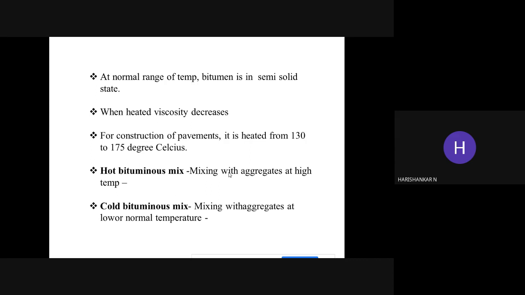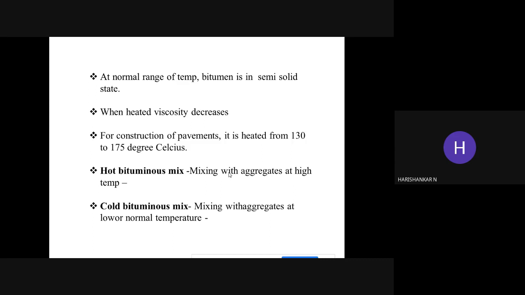The thing you should do in the mixing process is heat the aggregate. Once the aggregate gets heated, it starts radiating that heat from its surface. Once the bitumen comes in contact with the surface, the bitumen also gets that heat, and it simply gets coated on the surface of the aggregate.